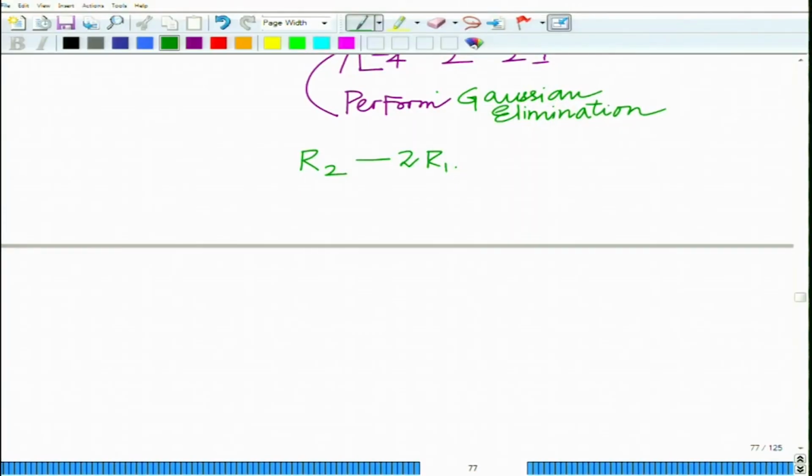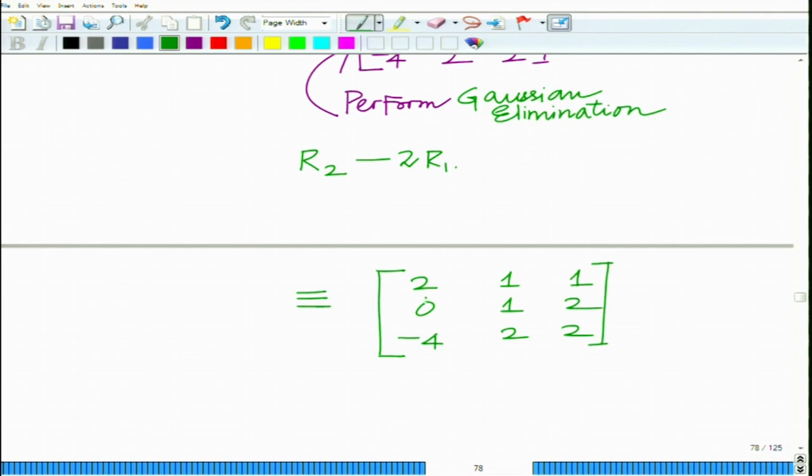So, this will give you an equivalent representation. The first row will remain as it is, that is 2 1 1, the second row will be 0 1 2, and the third row will be minus 4 2 2.